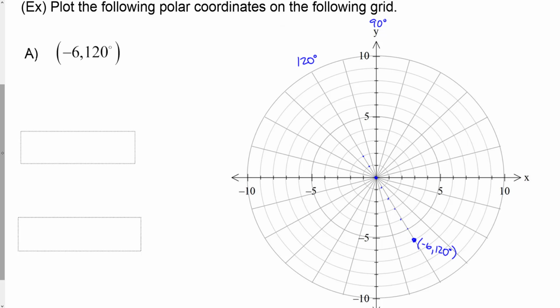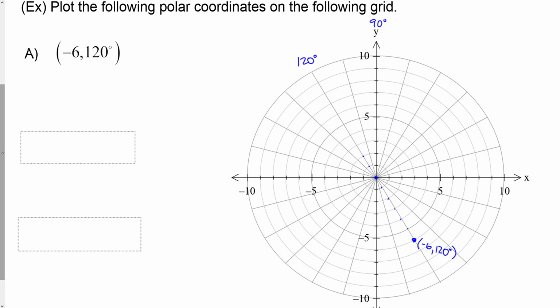But you may think that doesn't really make a whole lot of sense, because that's obviously not on the 120-degree line. That's the 300-degree line. Well, it turns out that there's just multiple ways of expressing the same point in the polar coordinate system, if you allow for angle measures outside of the range of 0 to 360 and negative values on your radius.